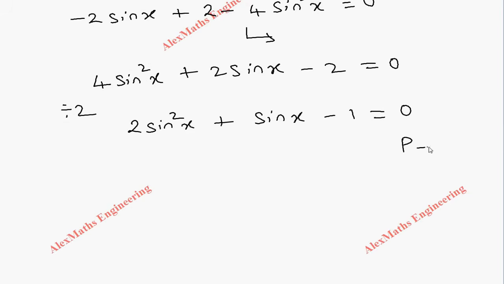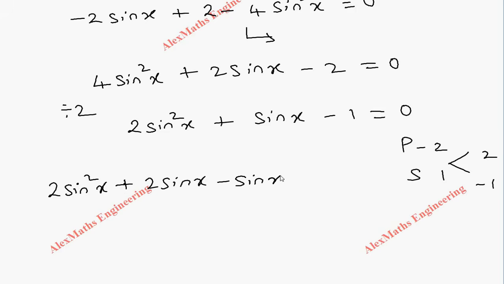Here the product is minus 2, sum is 1. Splitting the middle term, we can use 2 and minus 1. So the first term as it is, the second term can be written as 2 sin x minus sin x, and the last term as it is.